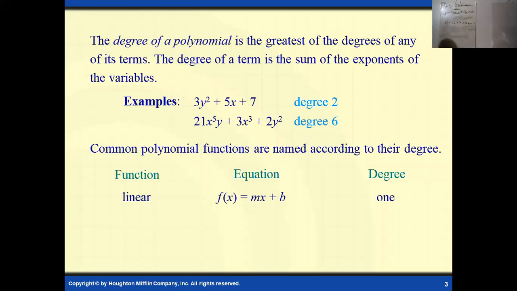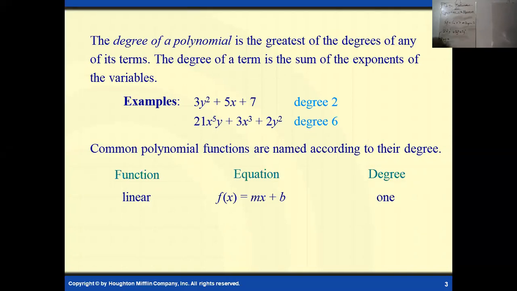But what happens when you put x and y together, as you have seen in this second example, like 12x to the power 5 y plus 3y cubed plus 2y squared. This is x raised to power 5 and y. y is the same thing as y raised to power 1. So the degree here in this example is actually 5 plus 1.